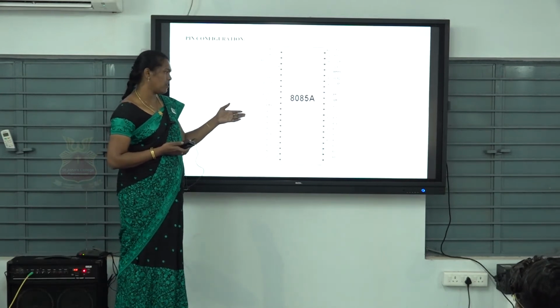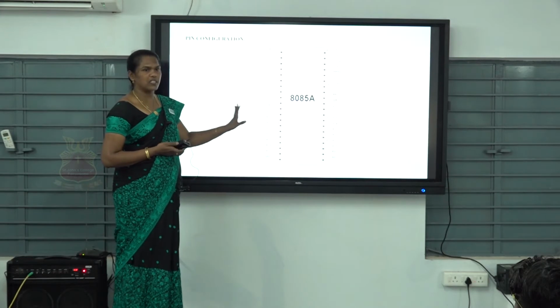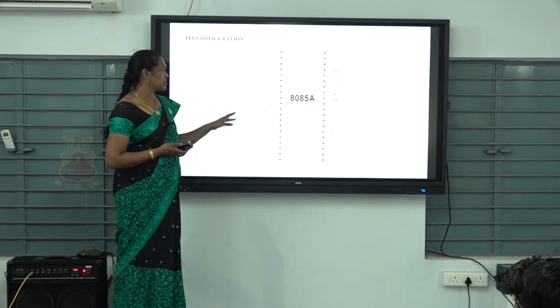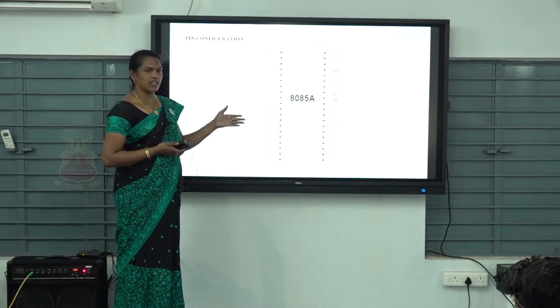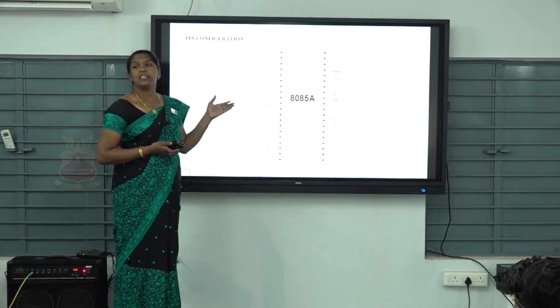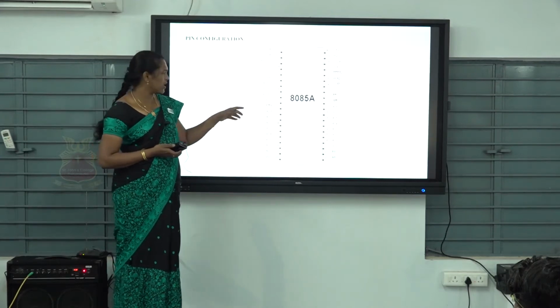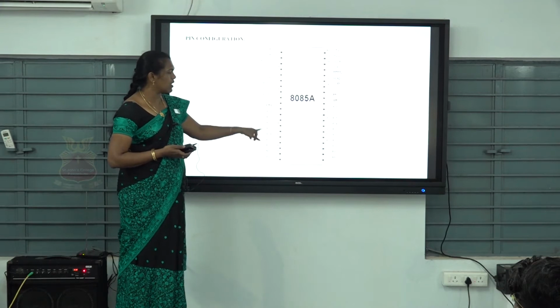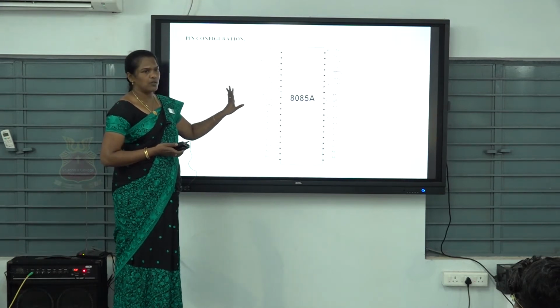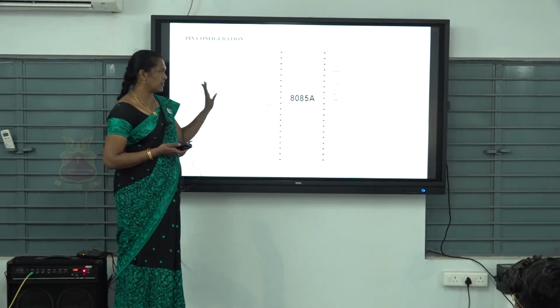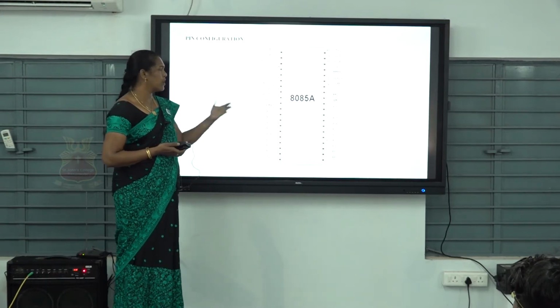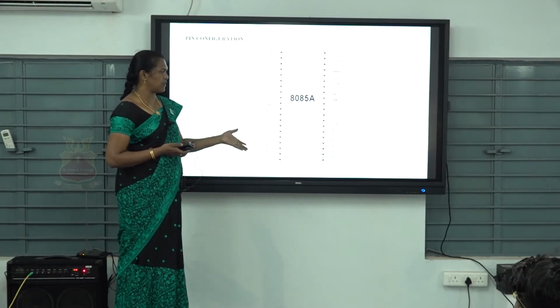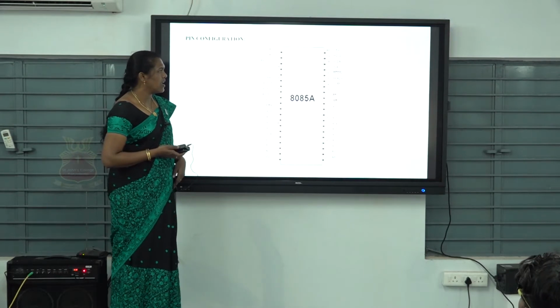But here we have only 8 pins, so it is an 8-bit processor. Otherwise we can say it has an 8-bit data length. Because we have only 8 pins used for data, for the purpose of data input or getting output, we are using these 8 pins, D0 to D7.